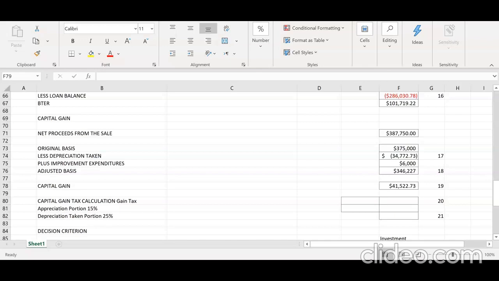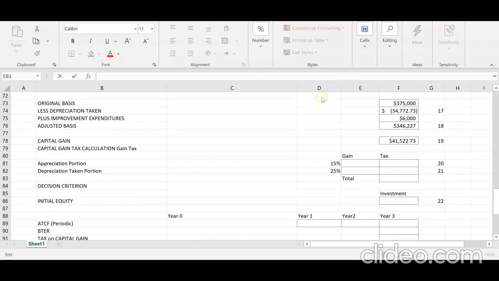To get the appreciation portion, I deducted the depreciation taken amount from the capital gain amount, and then multiplied that by the appreciation tax rate of 15% to get the amount of tax on it. To get the total tax, I added both taxes.